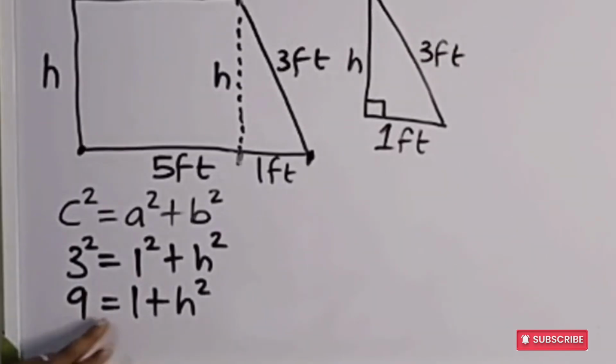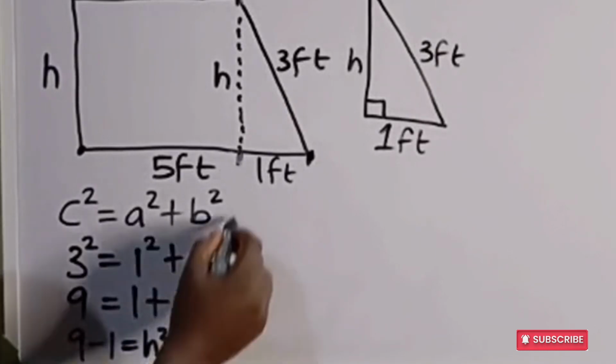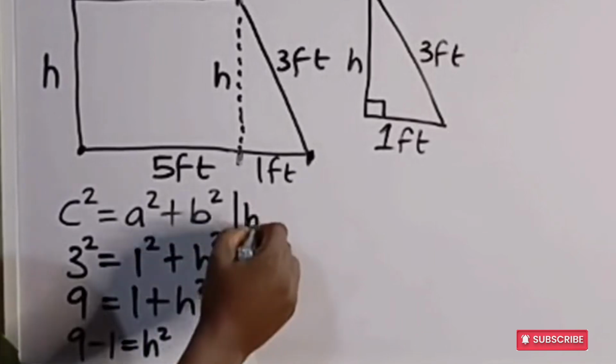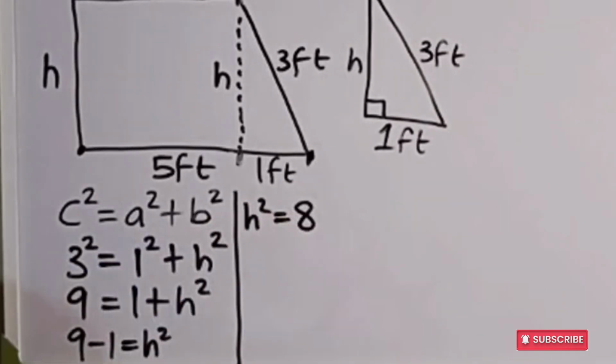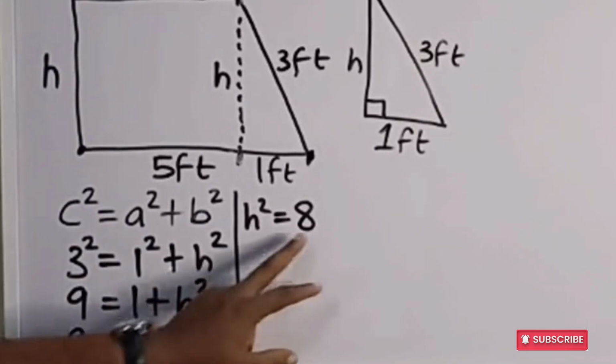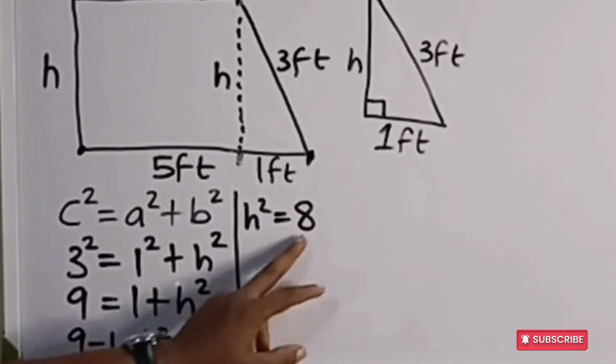If you move 1 to this side, we have 9 minus 1 is equal to h squared. 9 minus 1 gives you 8, so h squared is equal to 8.